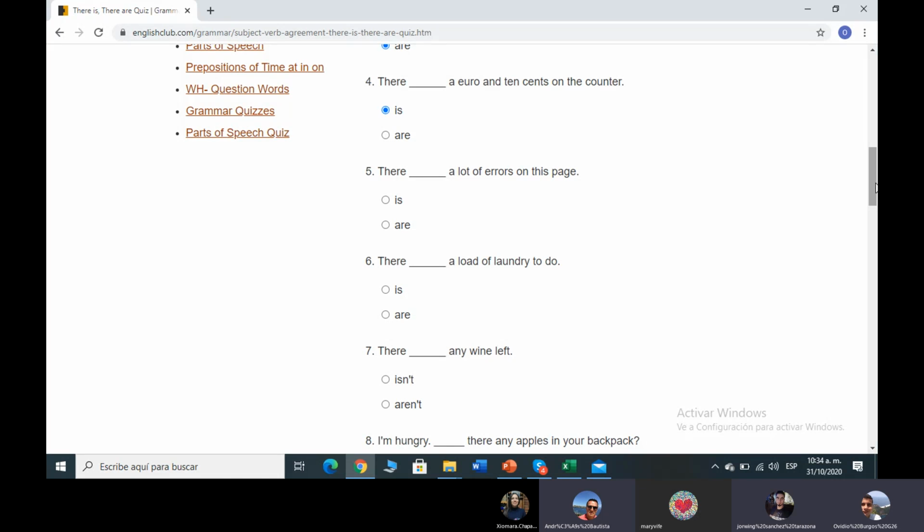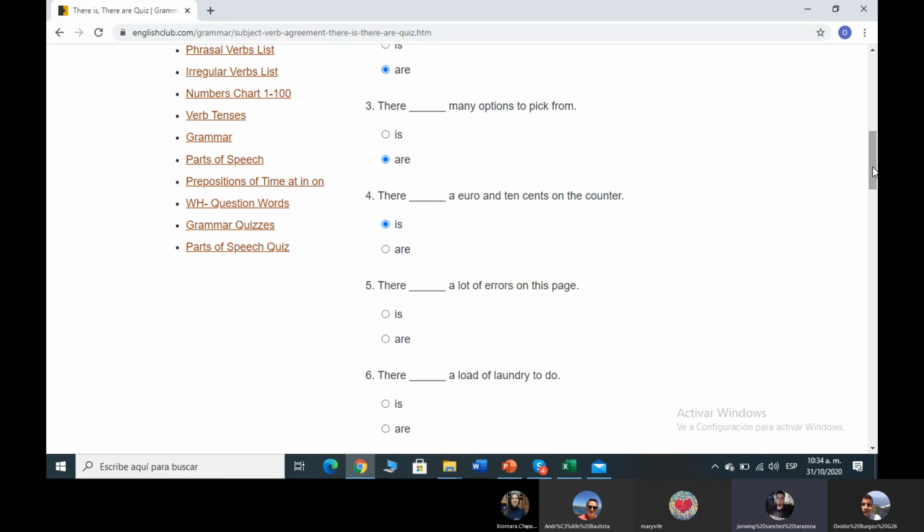Teacher, una pregunta ahí en la cuarta que dice a euro. Ahí no empieza, no es an o se escribe así cuando se refiere a dinero. In this case, you are right, here you can see an error, okay? A mistake, an error, okay?